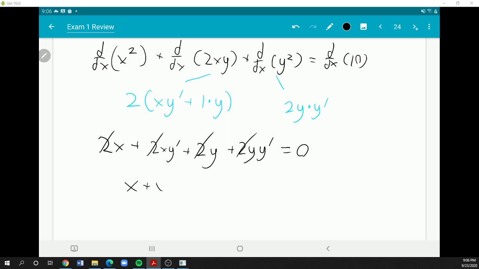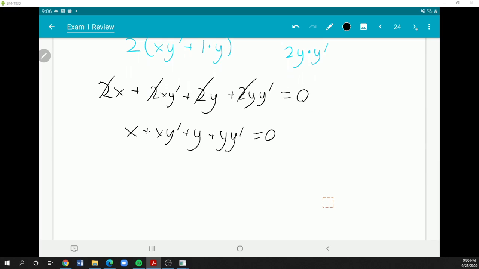So I get x plus x y prime plus y y prime is equal to 0. I'm going to do 2 steps at once here. So first I'm going to move this x and y over. So minus x minus y. Actually, let me just do both steps. X y prime plus y y prime. And now I can factor out y prime.